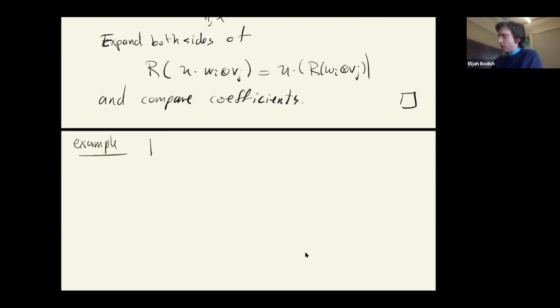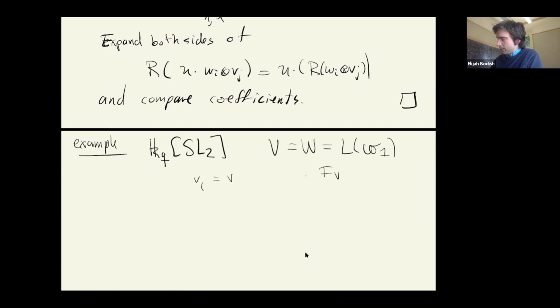If we were thinking about U_q of SL2, and I took V equal to W equal to this first fundamental representation, the quantum analog of the vector representation. And so up above, I wrote my basis for this in terms of v, which I'm going to relabel as v1, and Fv, which I'm going to relabel as v2.